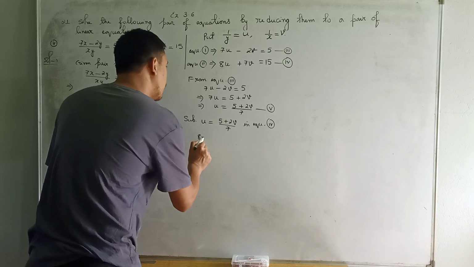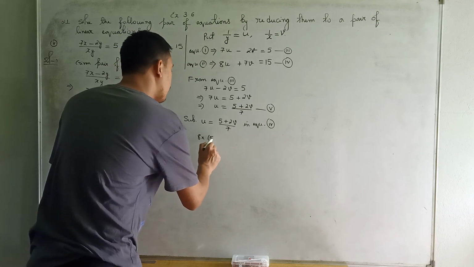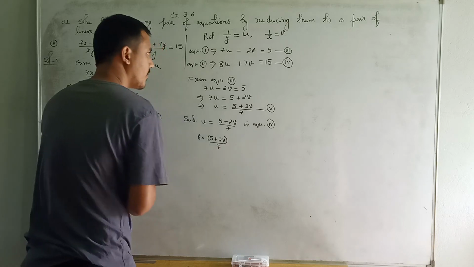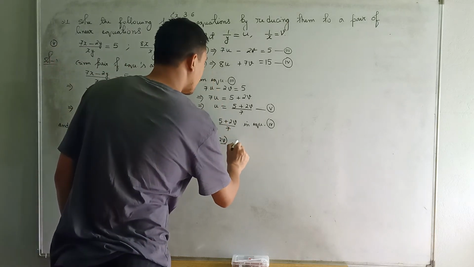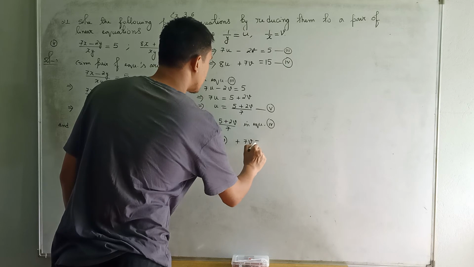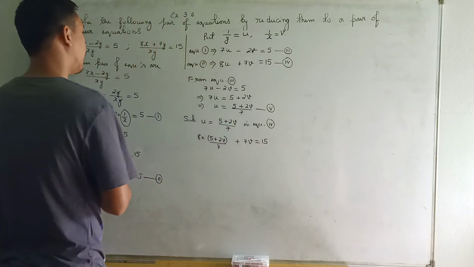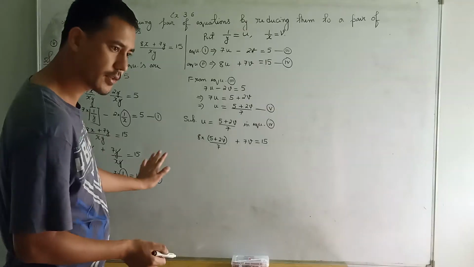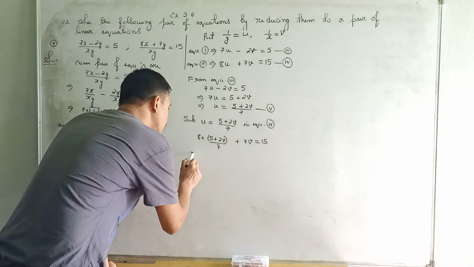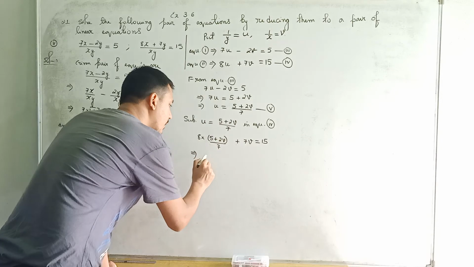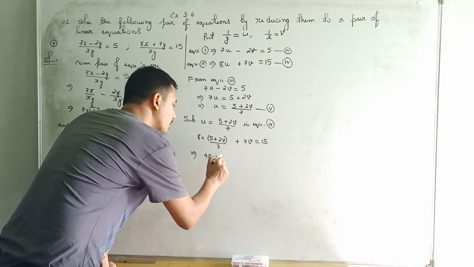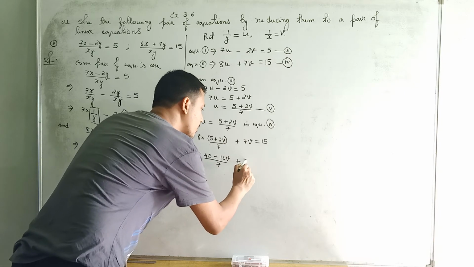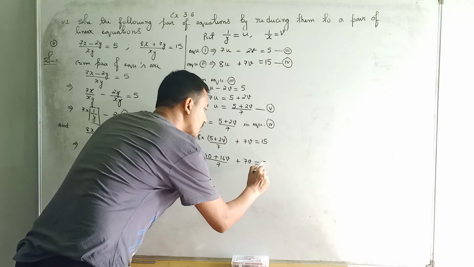So 8 into u, your u is 5 plus 2v upon 7, right? And then we have plus 7v is equal to 15. Correct? Let's multiply by 8. 8 5 times is 40. 8 2 times is 16, and v upon 7 plus 7v is equal to 15.